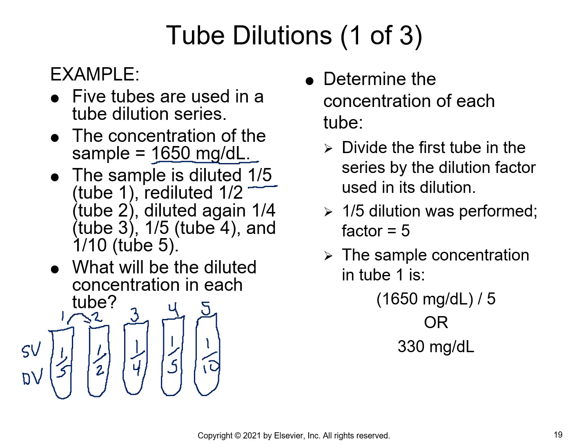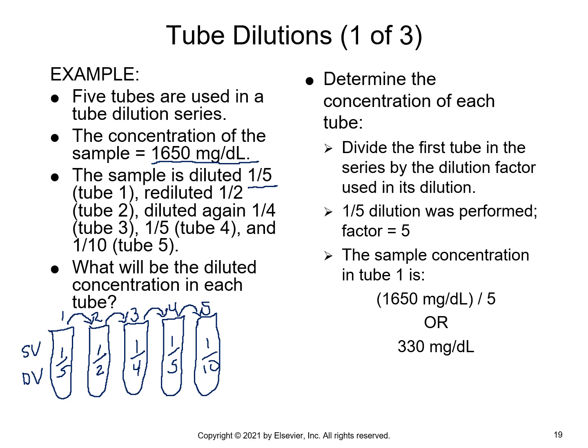We take sample out of this diluted tube and put it in tube 2. We run it, and it's still over the range, so we dilute it again, this time a 1 in 4. Still outside, so maybe we do a 1 in 5 this time off of tube number 3. Still outside, so maybe we have to do another one. We keep diluting off of our original sample each time.